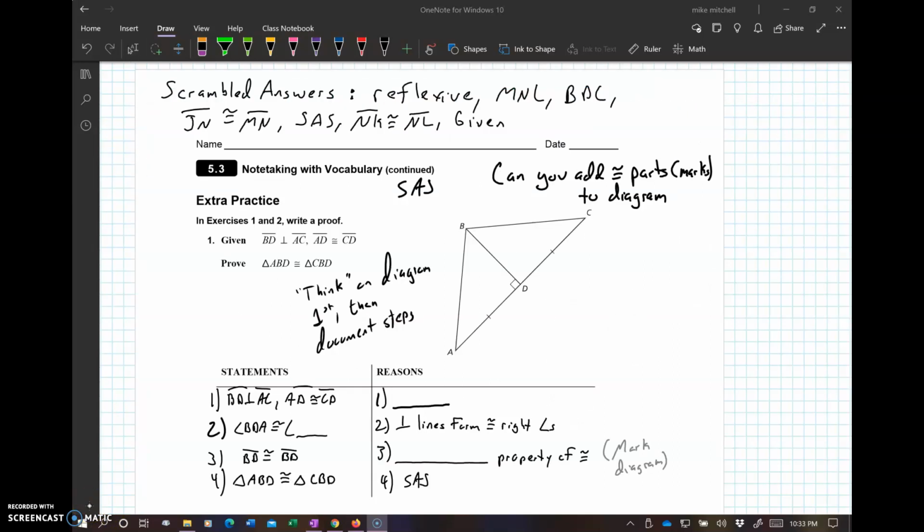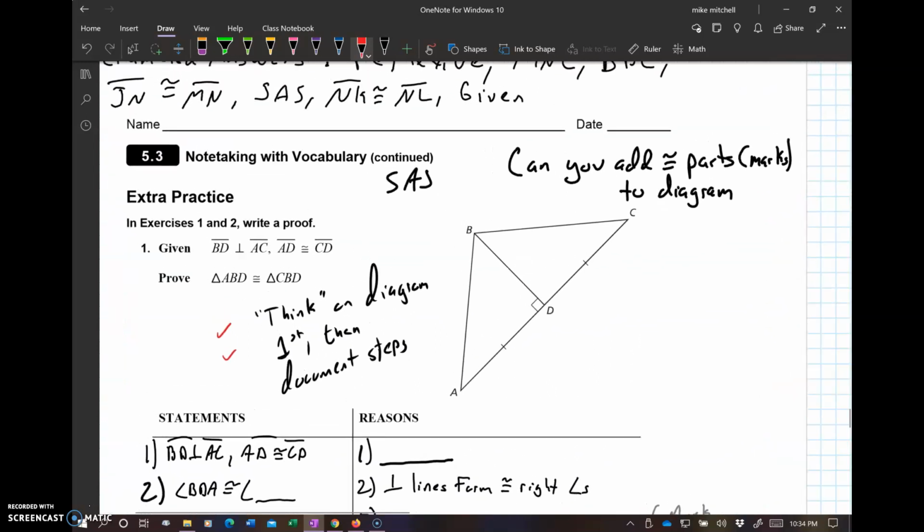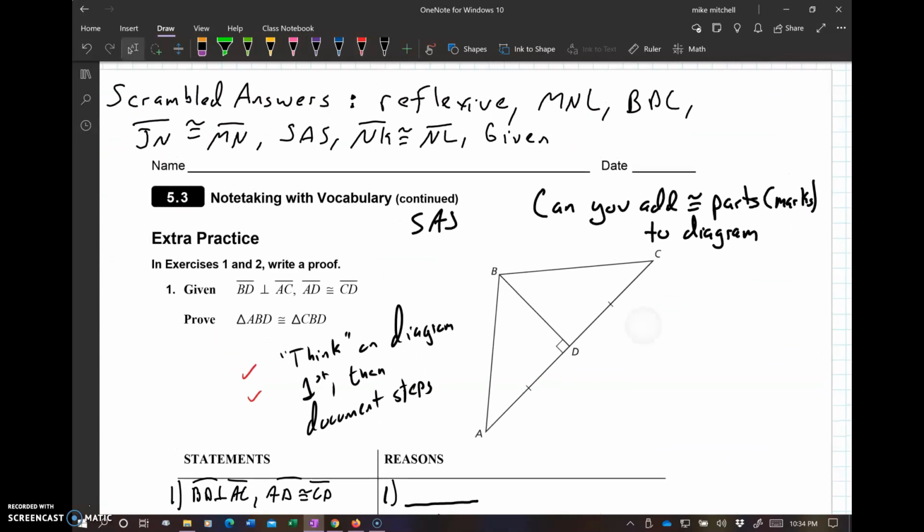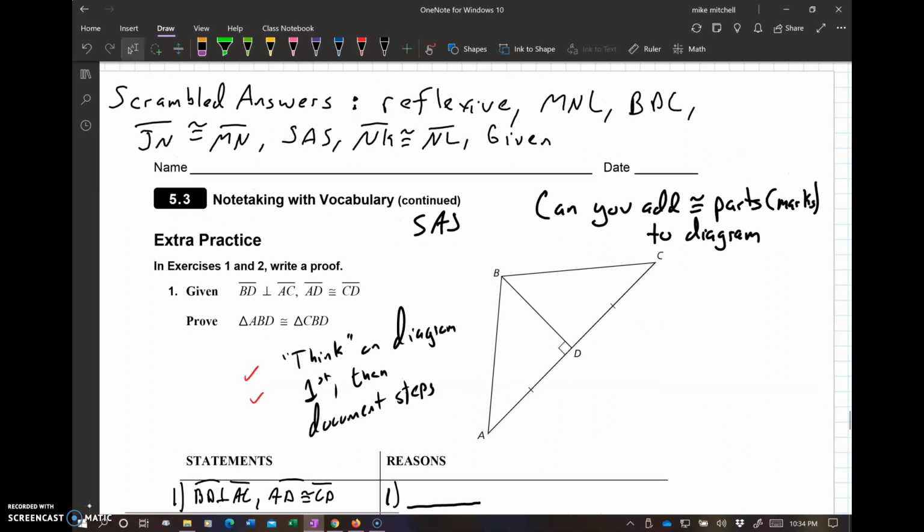Okay. Proof. Think on your diagram first, then document steps. It's actually going to be harder to read these. You think on the diagram, and you'll get information that should usually match up with these. I'm not even going to look at these to get started. Okay, so triangle ABD, that's this one.